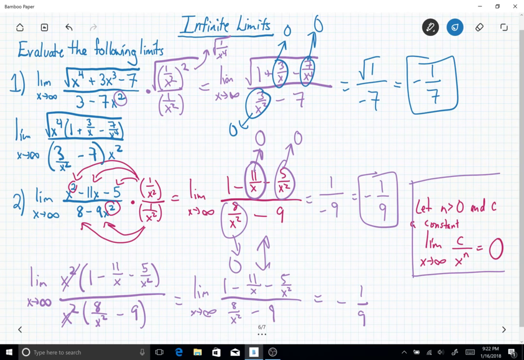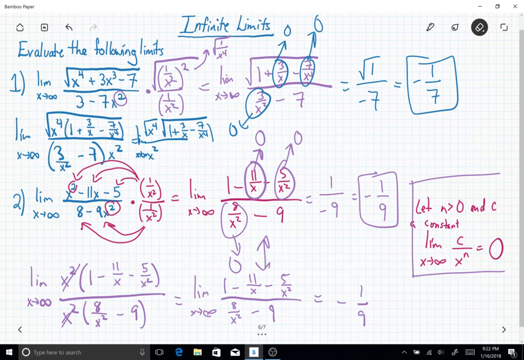So notice, when you actually do this one, you get square root of x to the 4th, which is just x squared essentially, and times another square root of 1 plus 3 over x minus 7 over x to the 4th.